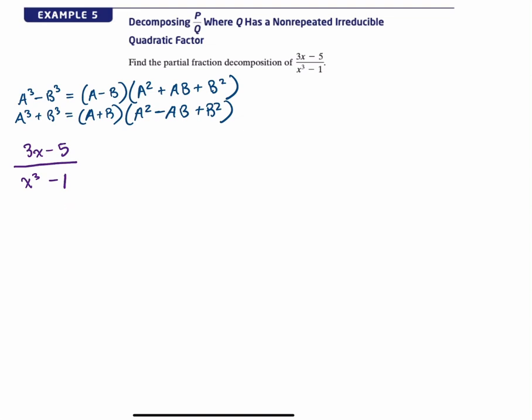So let's use this pattern to factor the denominator. We will have 3x minus 5 over x minus 1 times x squared plus 1 times x plus 1 squared.